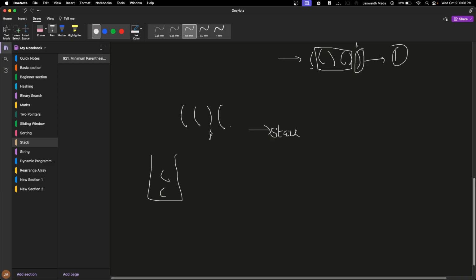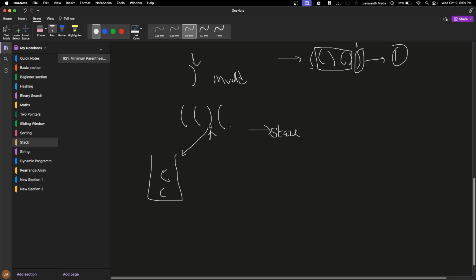Now I'll come here. I see a right parenthesis. So when I see a right parenthesis, I'll check if my stack has some left parenthesis or not. Because if I don't have any left parenthesis, suppose I have a string like this, if I don't have any left parenthesis, then that means this is invalid, right? But right now I have some left parenthesis, so I can map this right parenthesis with some left parenthesis, right?